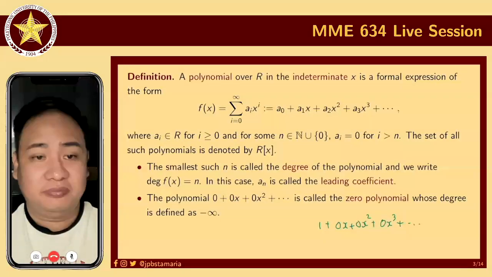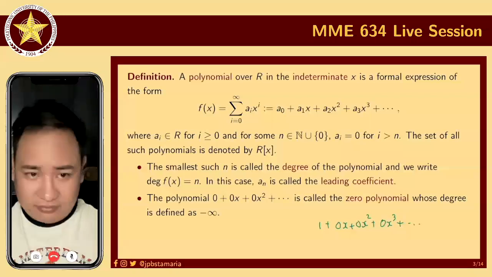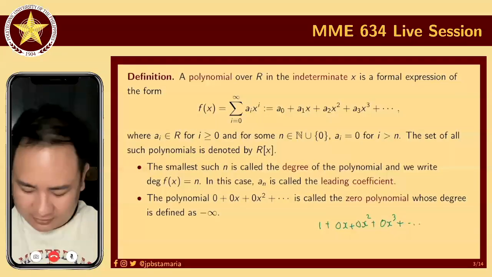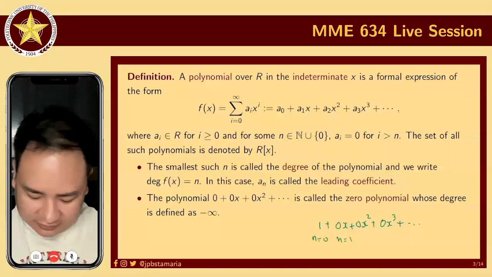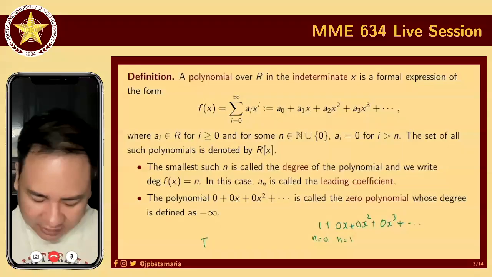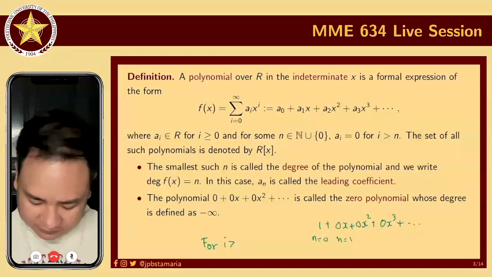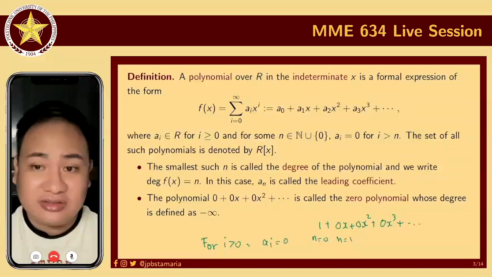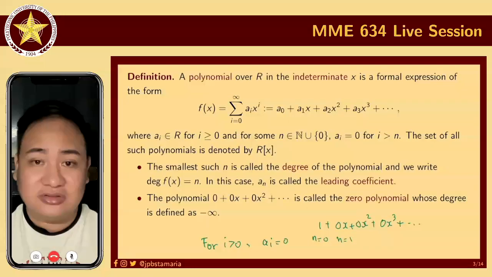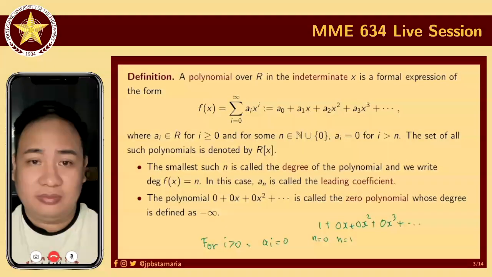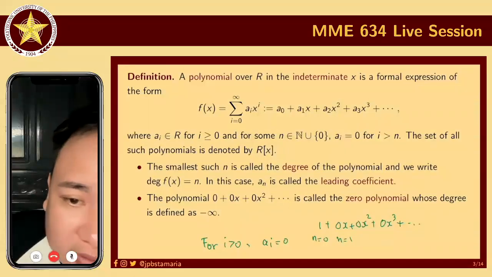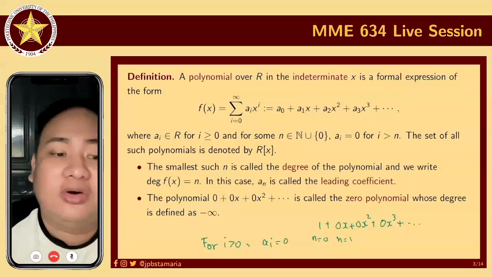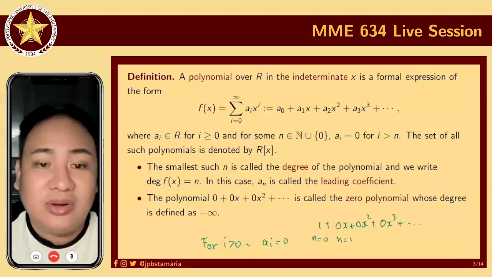Bakit degree 0? Kasi for i greater than 0, ai is 0, and 0 is the smallest integer for that to happen. Okay? Right? Kaya yung mga constant polynomials na tinatawag nyo, basta hindi 0, 0 ang degree.